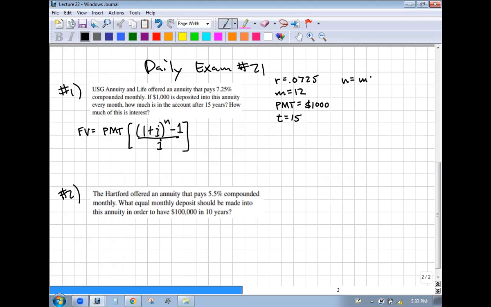So it's n payments per year times the number of years. So 12 times 15, which is 180.